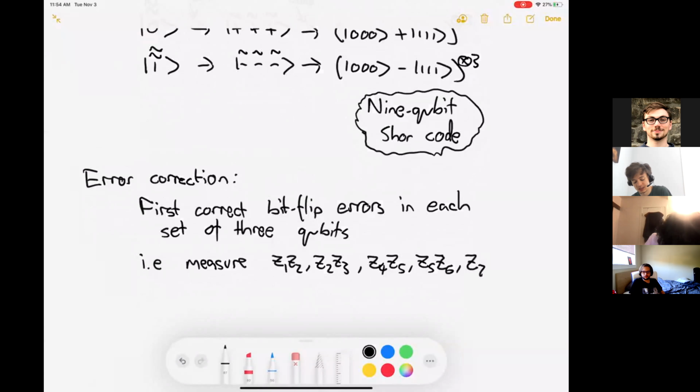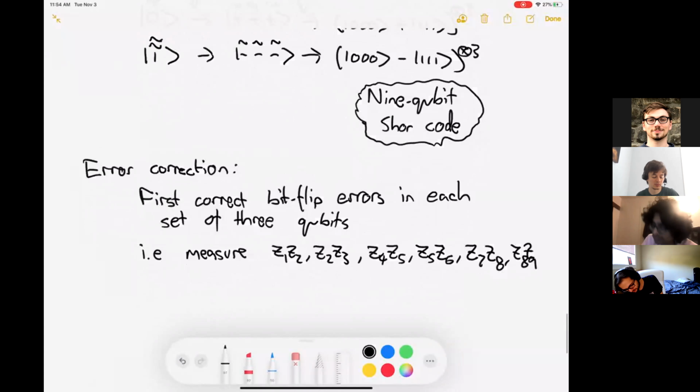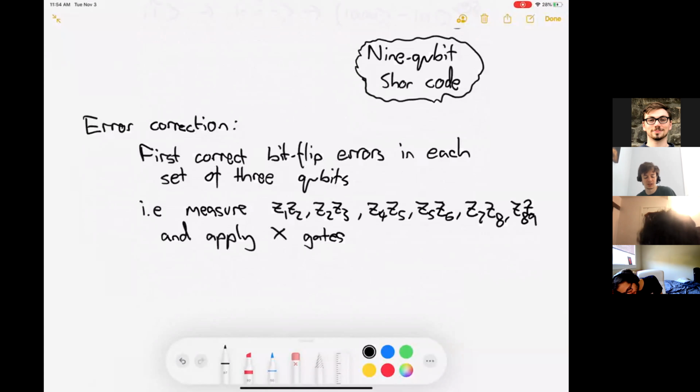And then finally, Z7 Z8, Z8 Z9. And apply X gates as necessary based on the rules for the measurement outcomes for the bit flip code.